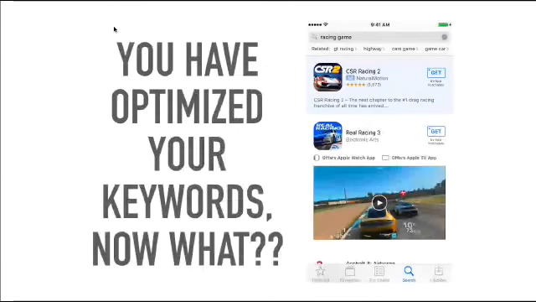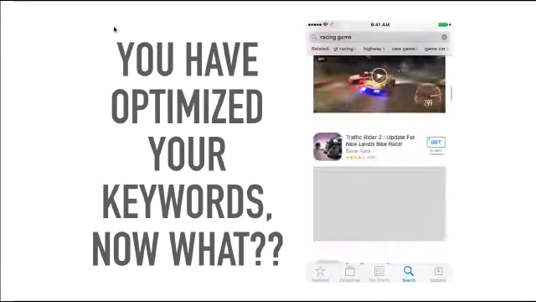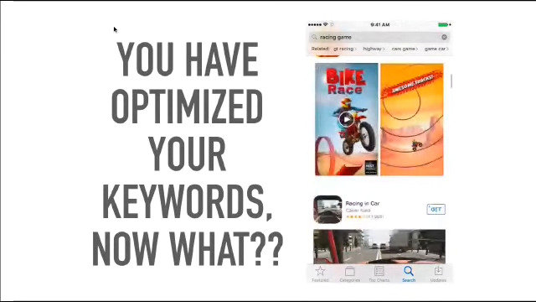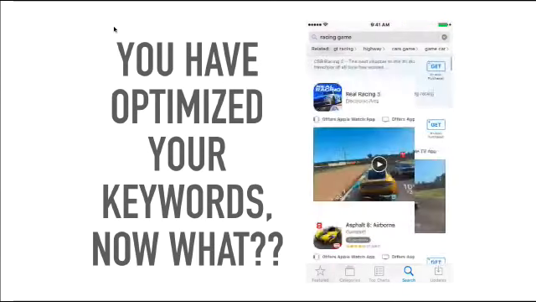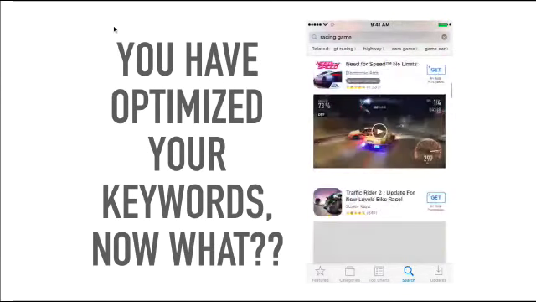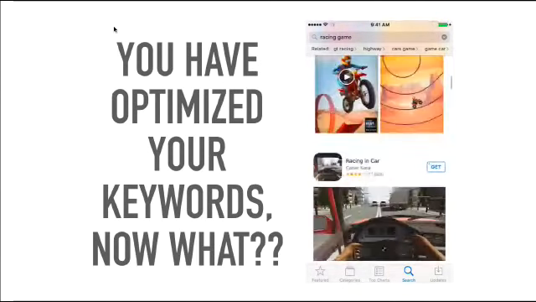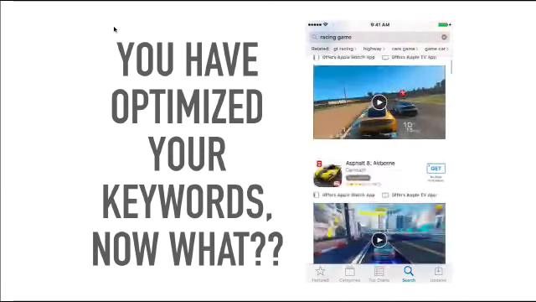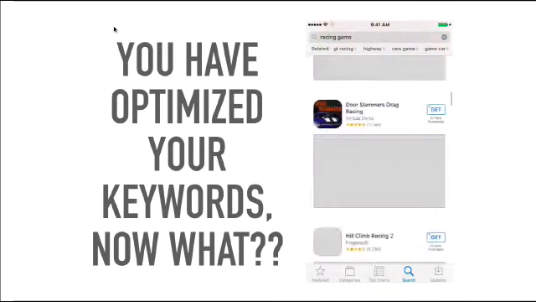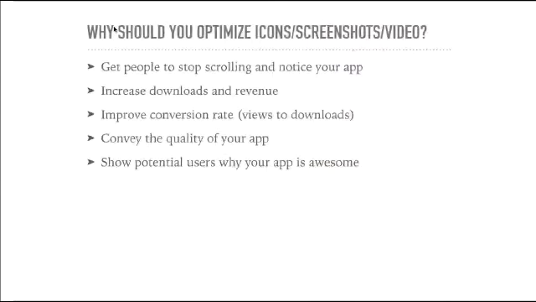What do you do, right? If you're ranking for these key terms, like some of these games here are ranking for a racing game, people are just going to scroll through their phone, right? Looking for different games. How do you catch their attention? And that's through mostly your screenshots, your icon, and your video.